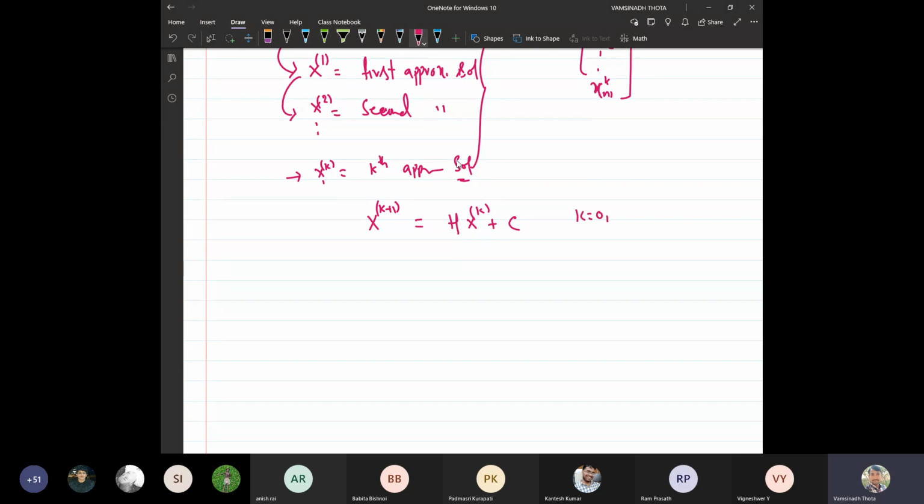Here k is equal to 0, 1, 2, 3 and so on. What is H? Here H is an n by n matrix called the iteration matrix.